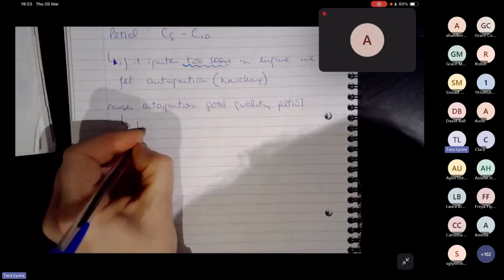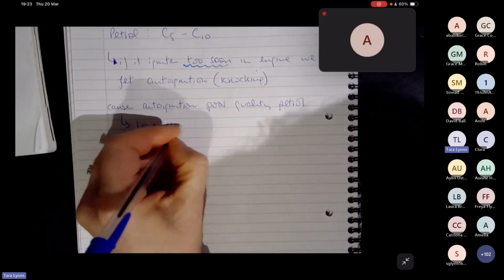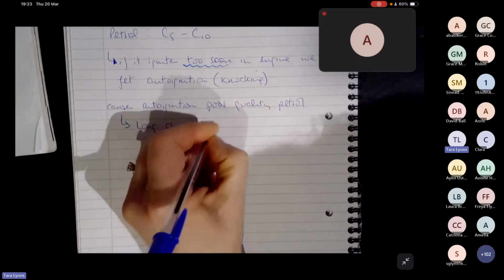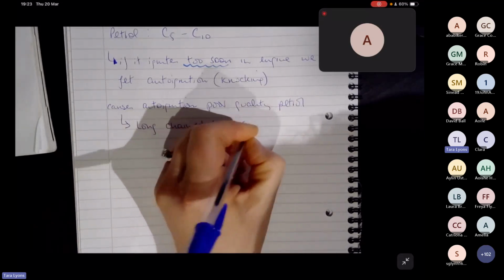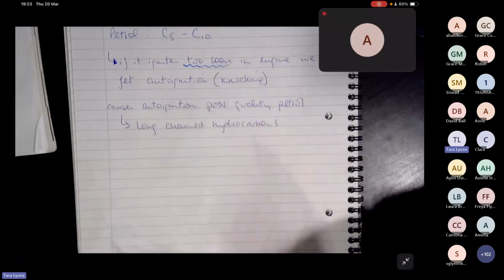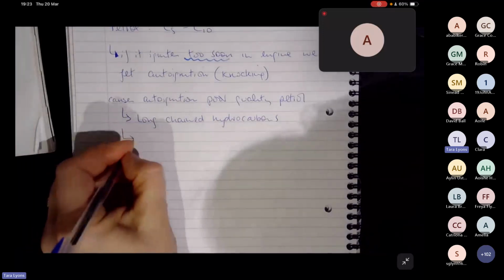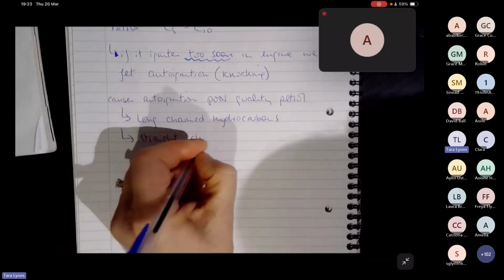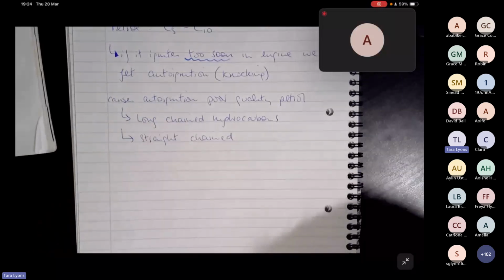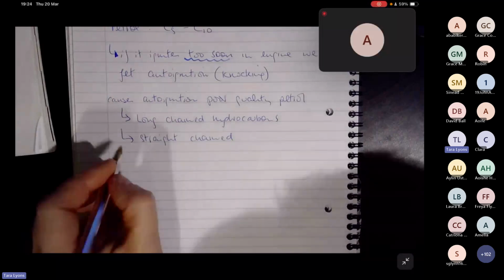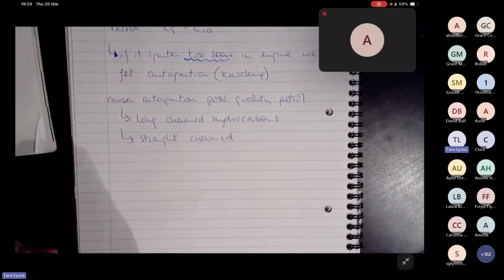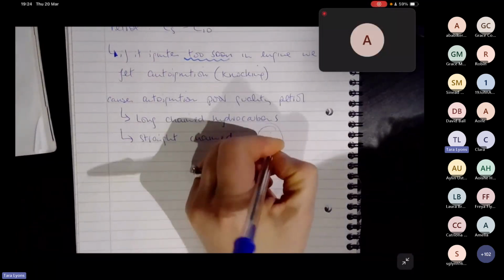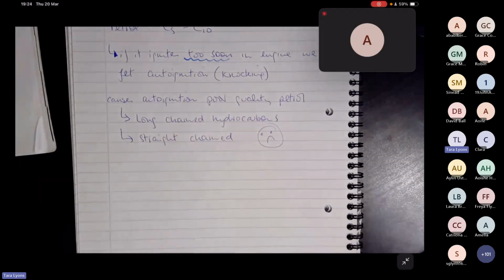It's going to be made up of long-chained hydrocarbon molecules. So long-chained hydrocarbons, and they're going to be straight-chained, as in they're not going to have any branches on them. So they're going to be long and straight-chained molecules. And both of these things do not make for a good quality petrol. Long and straight is going to cause auto-ignition.